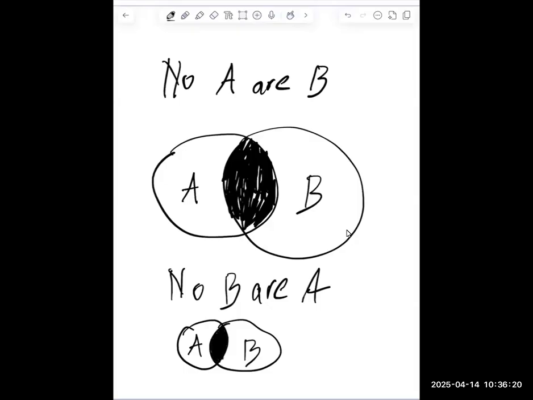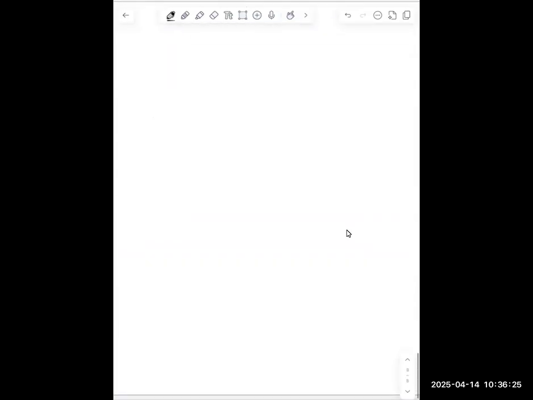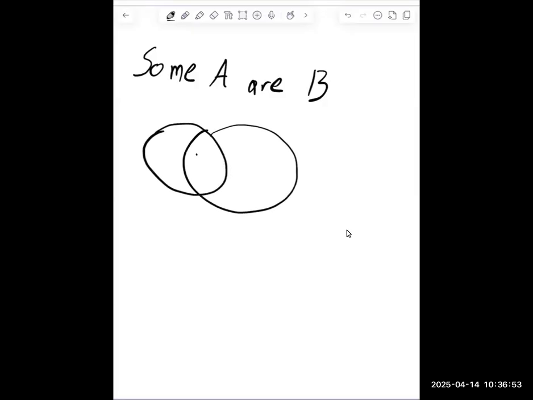When it comes to some statements, well, it's going to be slightly different, right? With some statements, well, let's look out for some statements, right? Some A or B. Well, how would that look?